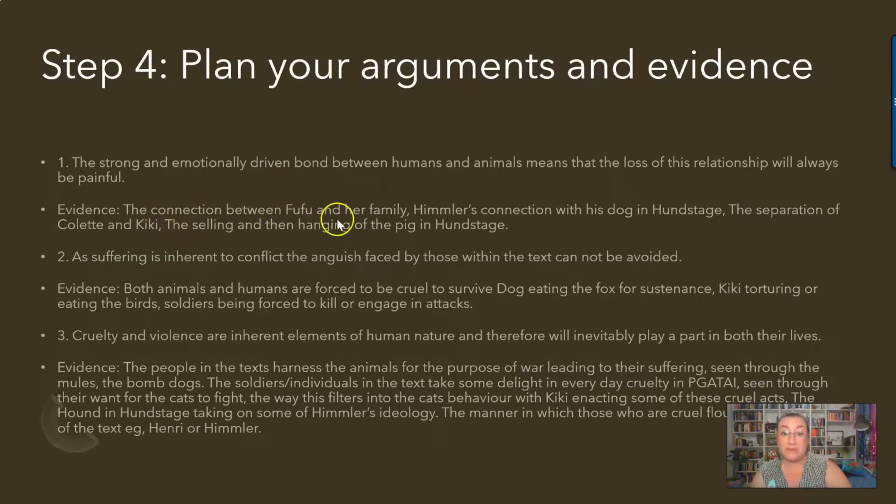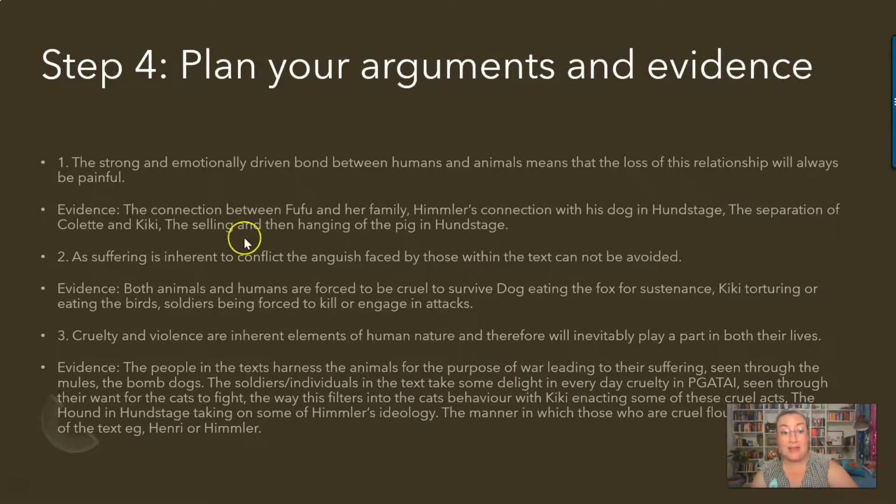I've got the connection between Fufu and her family in Soul of a Cat, Himmler's connection with the dog in Hundstage, and the separation of Colette and Kiki. You could also do Zafir and the camel, and how the camel misses Zafir. So we've got that one.